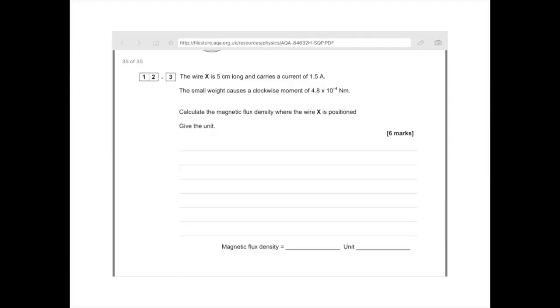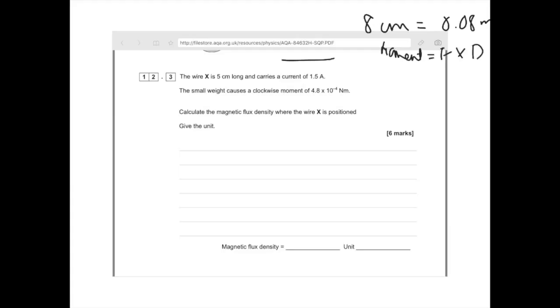So we got told that was 8 centimeters. We need to convert that to meters, so just do 8 divided by 100, which gives you 0.08 meters. We've been told the moment, so we need to work out the force. Moment equals force times distance.